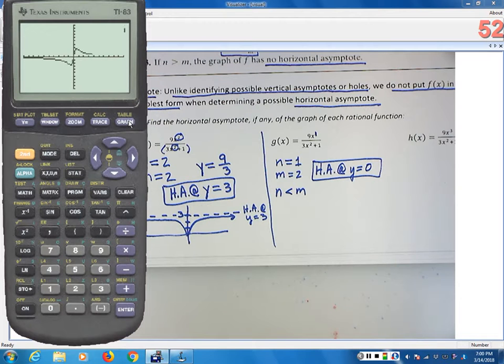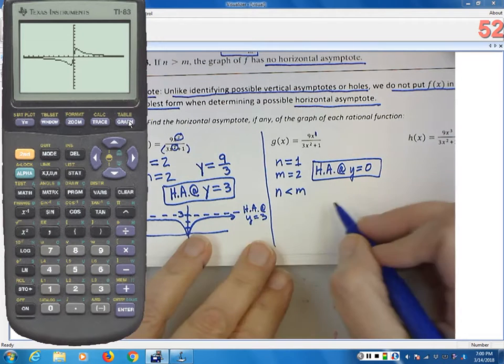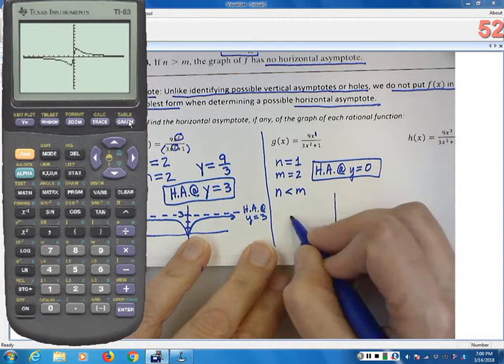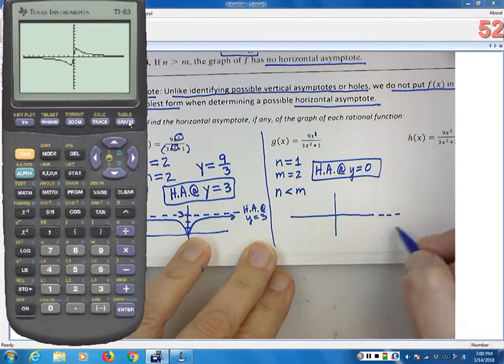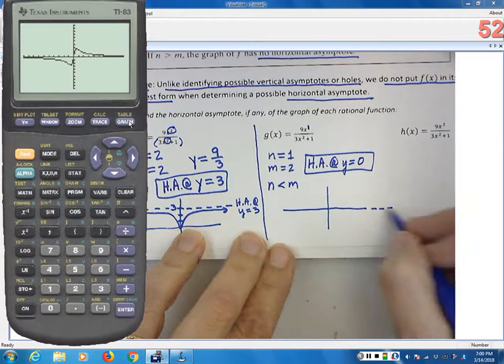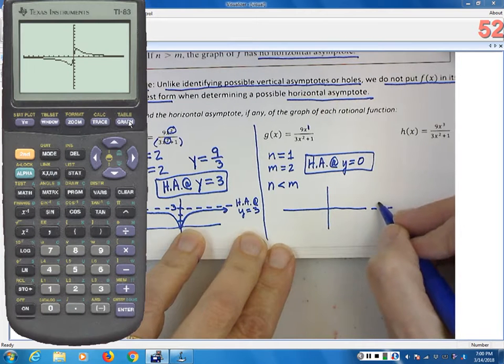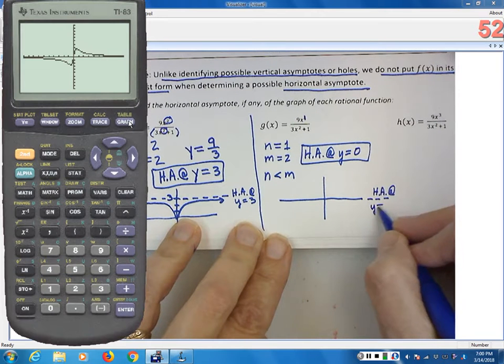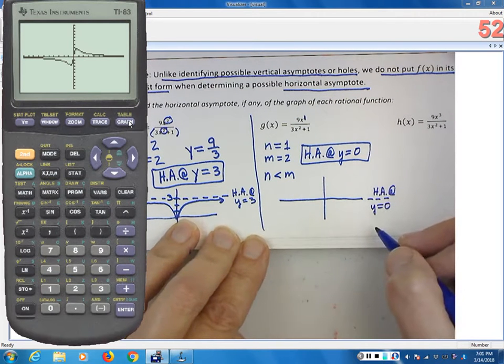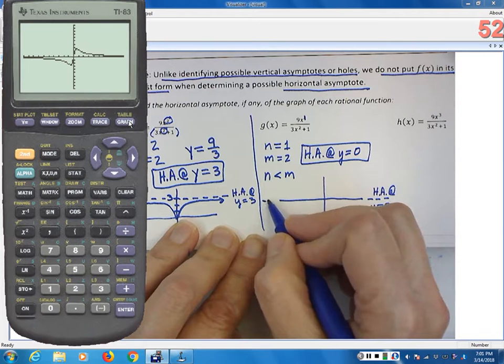Just one little change and look what happened to it. Okay? So, let's draw what that one looks like here. Because this is the x-axis, I'm going to continue it with dashes and say HA at y equals 0. This dashes over here.